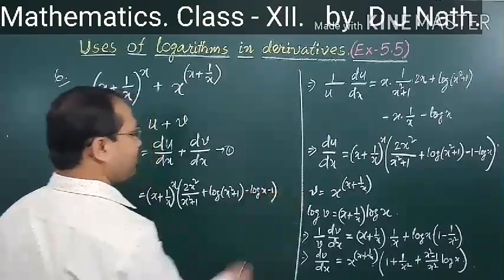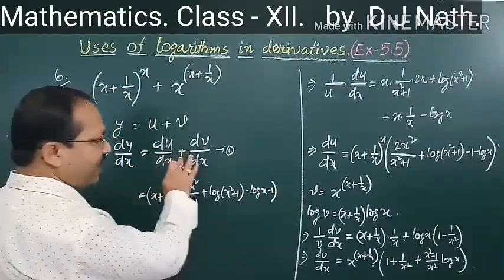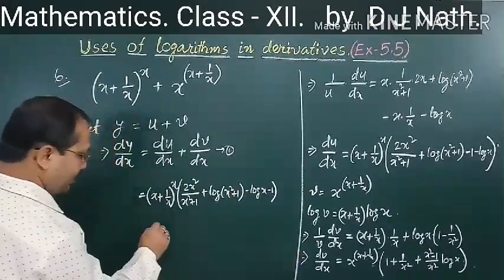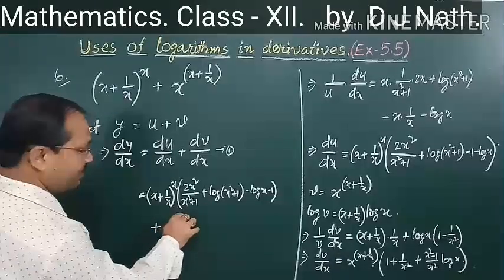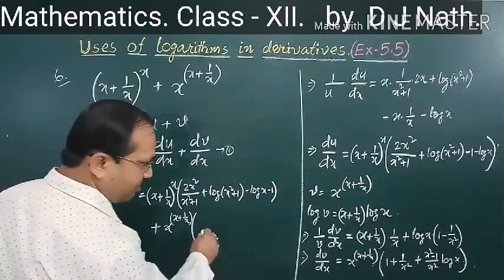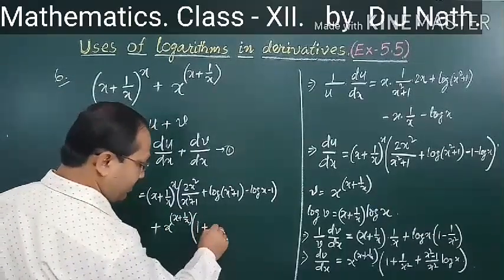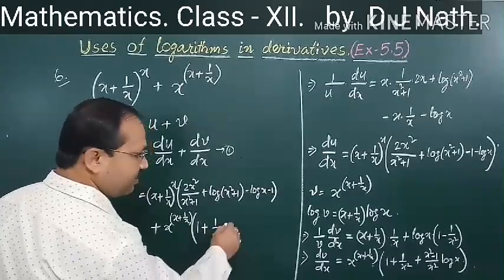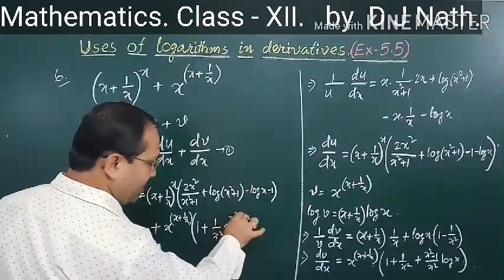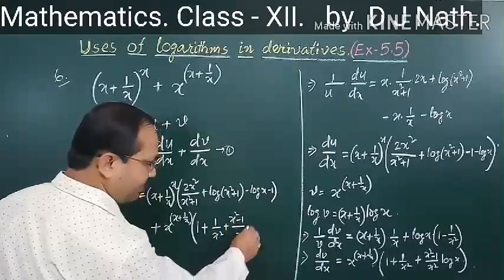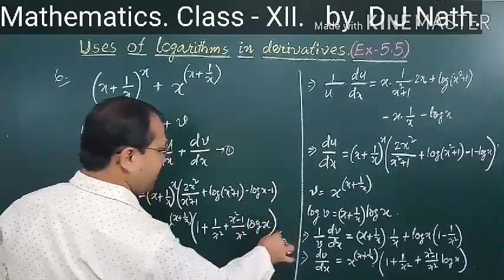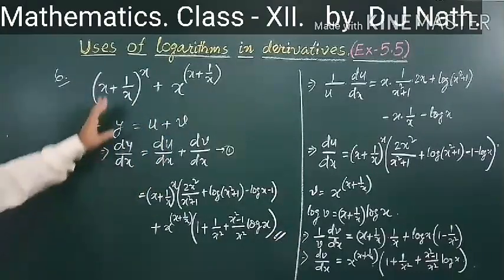So this will become the du dx. Plus dv dx is x to the power (x plus 1 upon x) into 1 plus 1 by x square plus (x square minus 1) by x square log x. This will become the derivative of the given function.